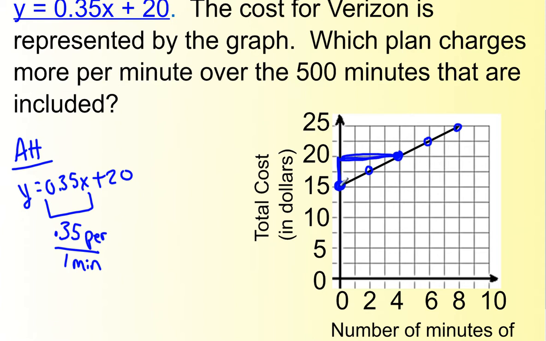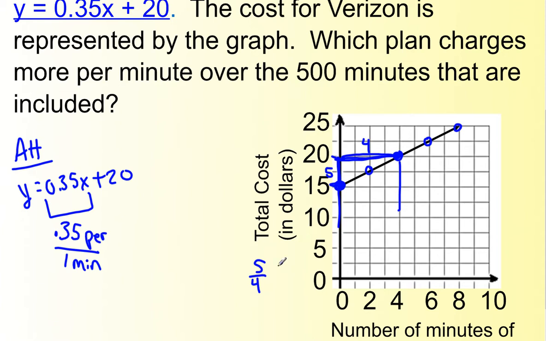It's not up 2 over 4 because the change from here to there, you're going up 5, from 15 to 20. Up 5 and over how much? Well, from there to there, you're going from 0 to 4. So you're going up 5 over 4. So the slope of this line is up 5 over 4.